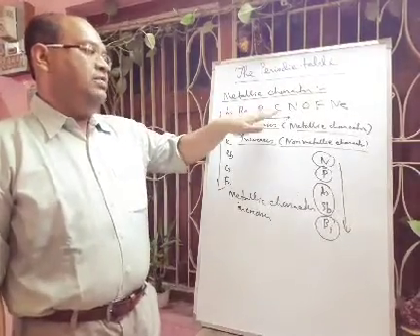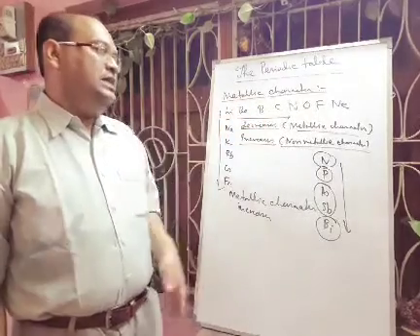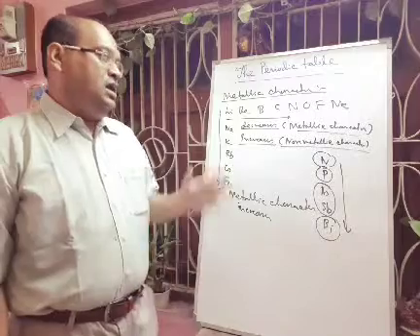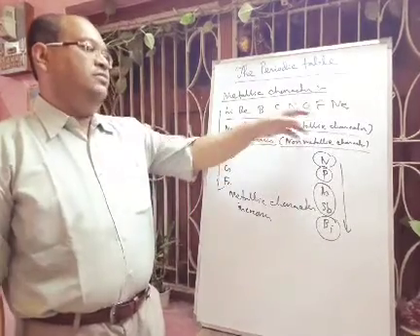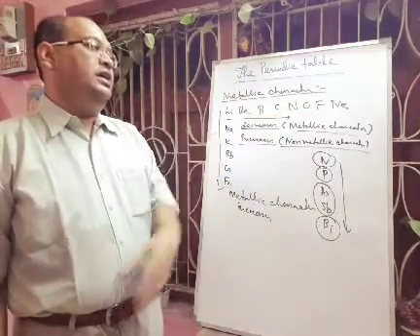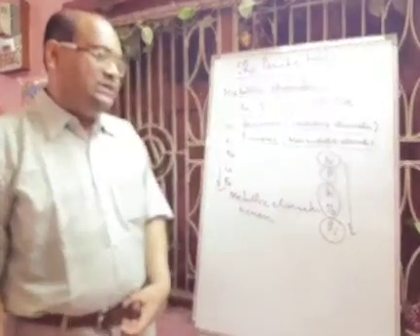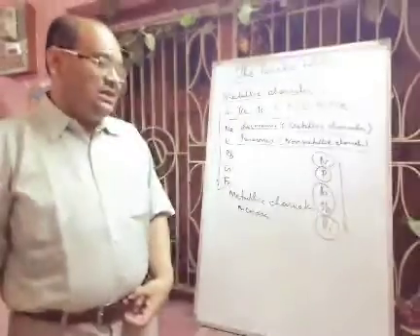Carbon can form carbon monoxide, that is neutral, carbon dioxide, that is acidic, and then nitrogen, oxygen, fluorine. So here fluorine oxide will definitely be acidic in nature. Nitrogen oxide is also acidic in nature.